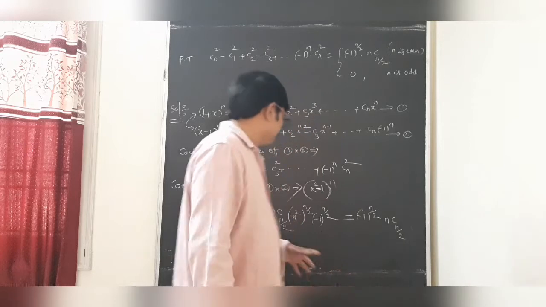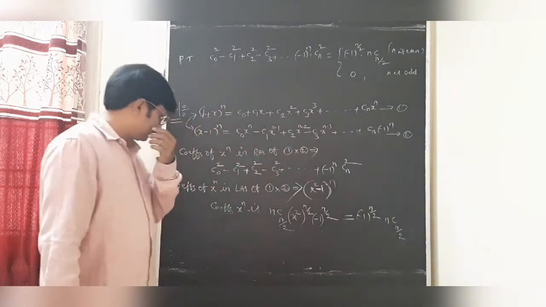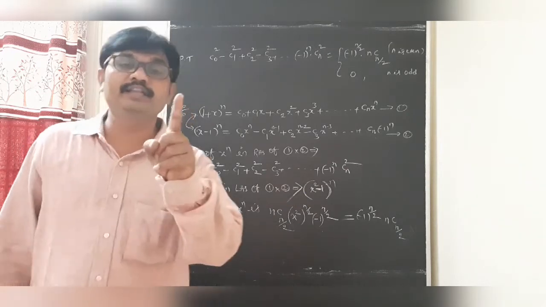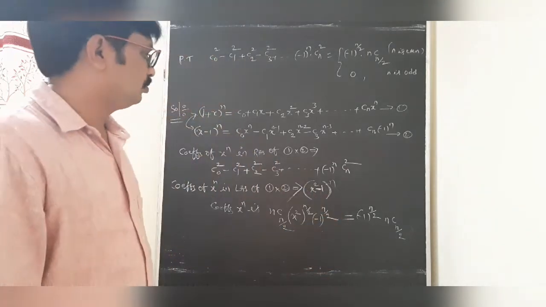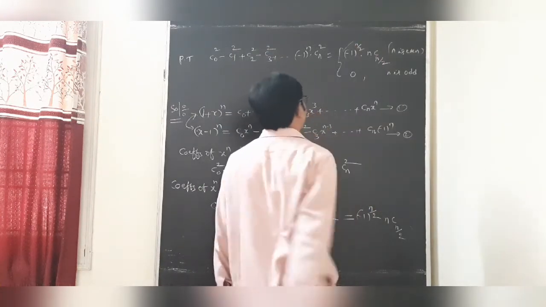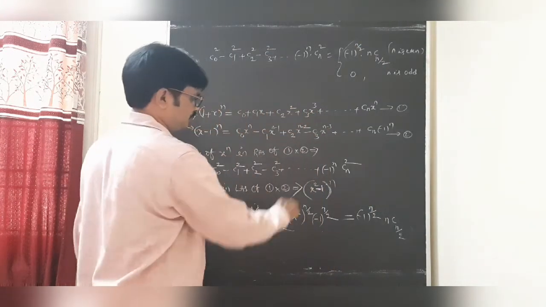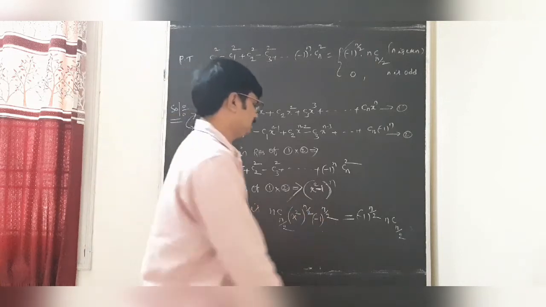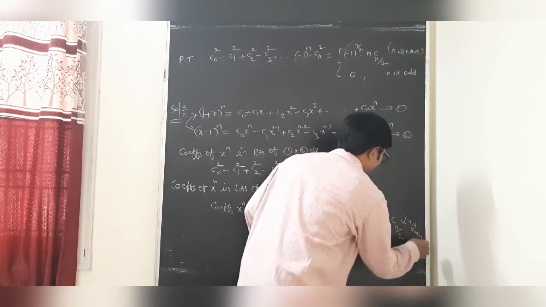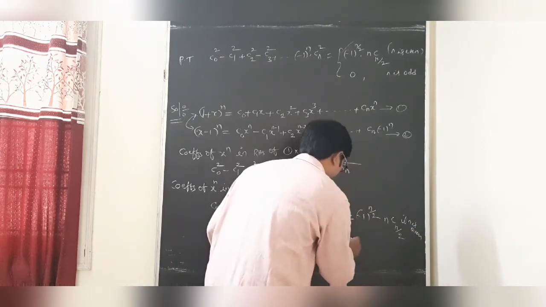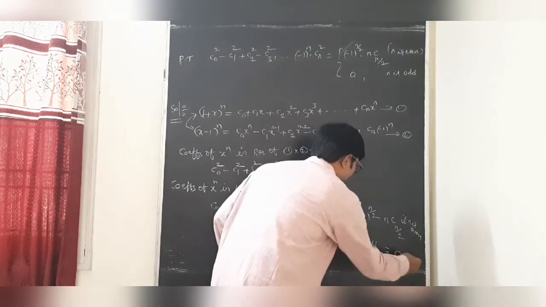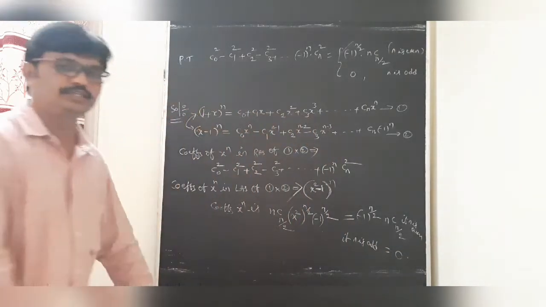So undoubtedly the coefficient of x power n in the 1 into 2 left hand side is 0 for n is odd. This is possible for n is even. What is it, students? This is possible for n is even. If n is even, this one. For n is odd, undoubtedly the coefficient of x power n is 0.